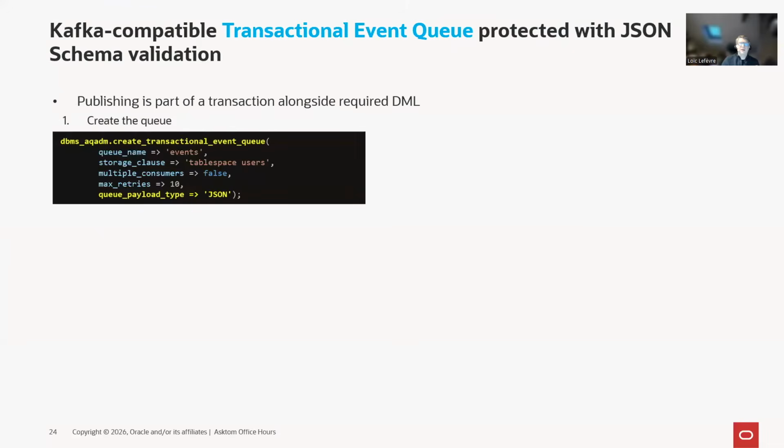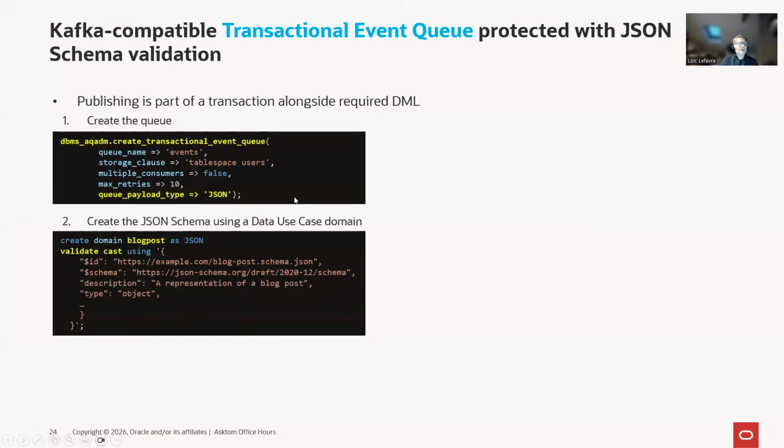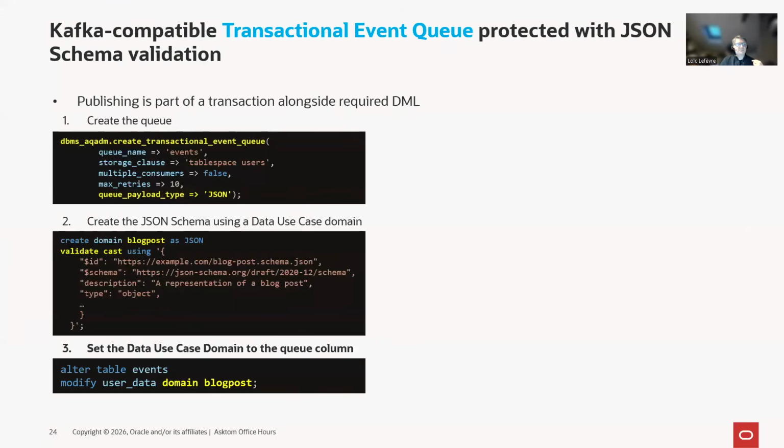Basically how it works: you create a queue, you say the payload is a JSON document, then you create a domain, you attach a JSON schema to it, then you alter the queue table. You specify that the user data, where the JSON data will be stored, is actually a domain. So you add the constraint of the JSON schema to it.